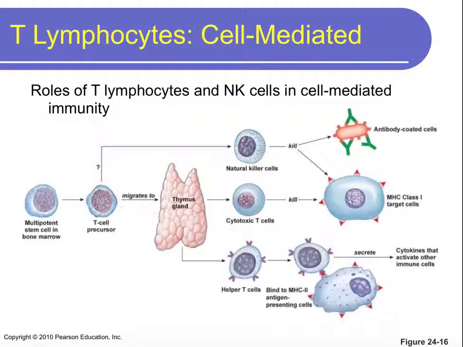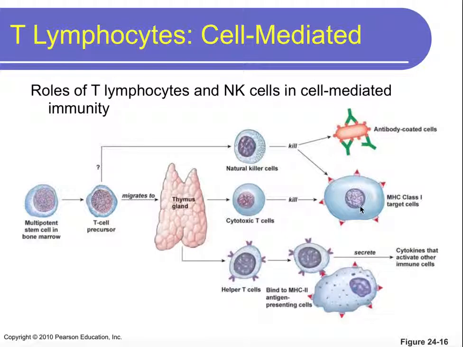So let's see an example. Our T cells, or T lymphocytes, are born in the bone marrow, but they'll migrate to the thymus gland and mature there. And we have our helper T cells and our cytotoxic T cells. All normal, non-immune, nucleated cells in the body, remember, have MHC1 on their cell surface.